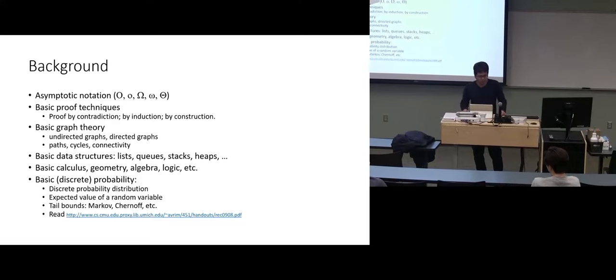The background that I expect you to have in this class is first asymptotic notation, big O notation, and then basic proof techniques: proof by contradiction, proof by induction, proof by construction. Also some basic notions in graph theory: what is a node, what is an edge, what is a cycle in a graph, what is a directed or undirected graph, what is a connected component in the graph.